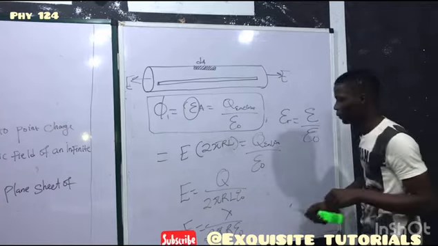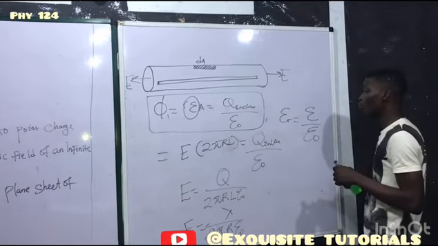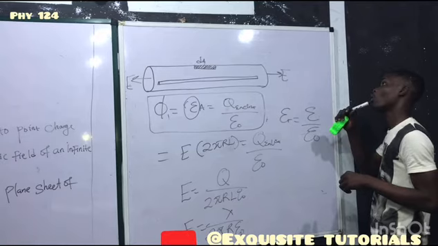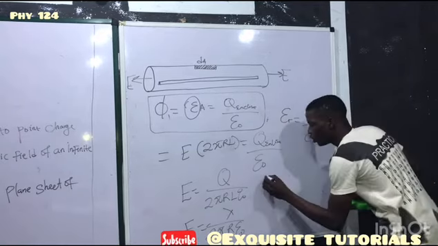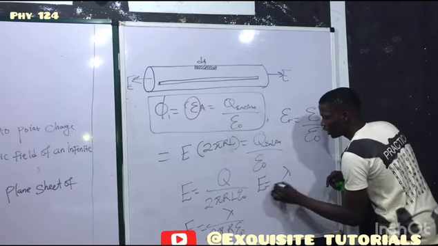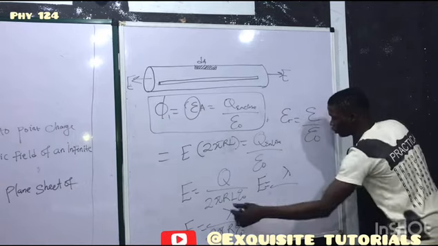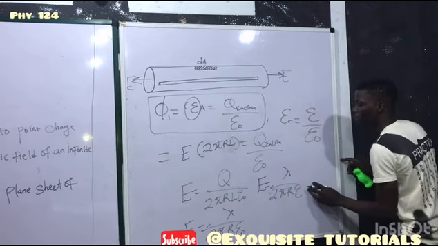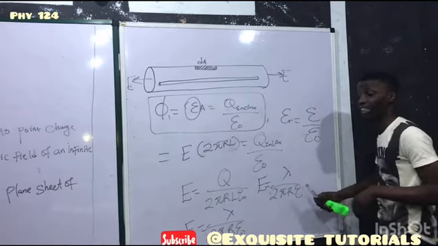So, assuming we're told to find the field in any material at all, our E is equal to lambda over, this time we're not dealing with that of free space, 2 pi rho times the permittivity of any medium at all.